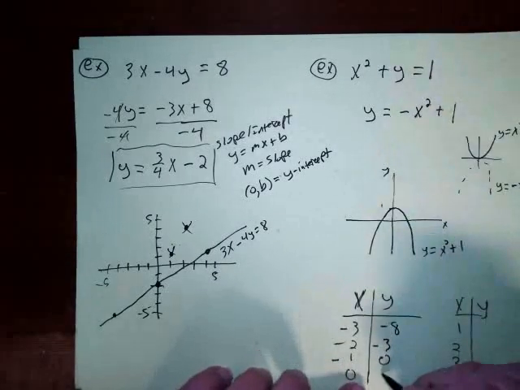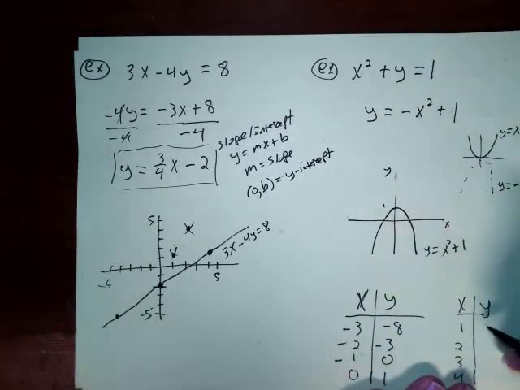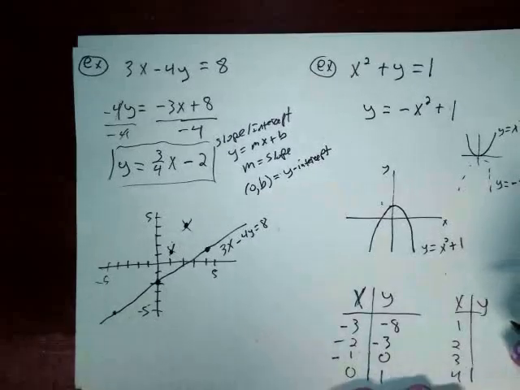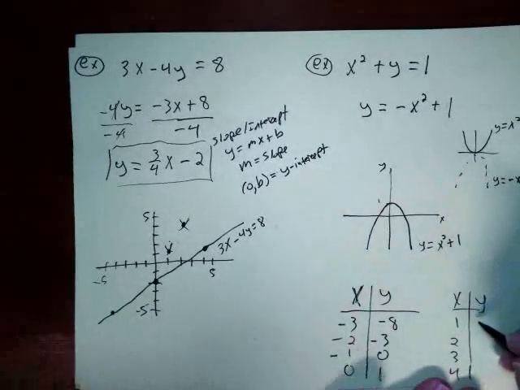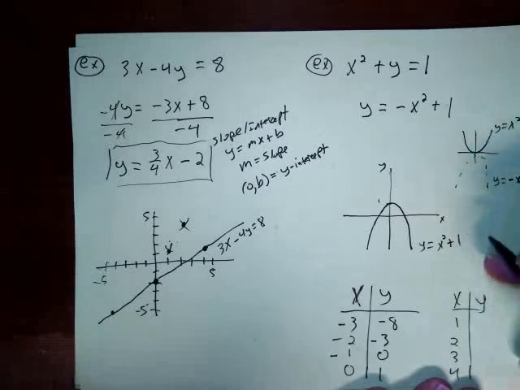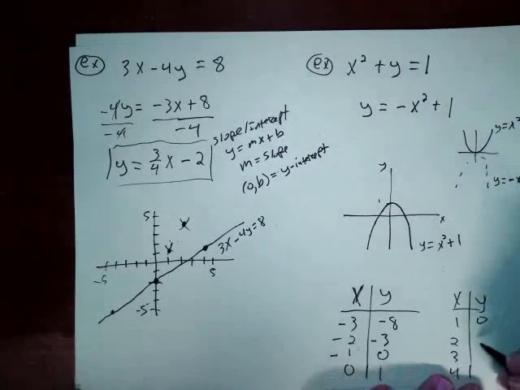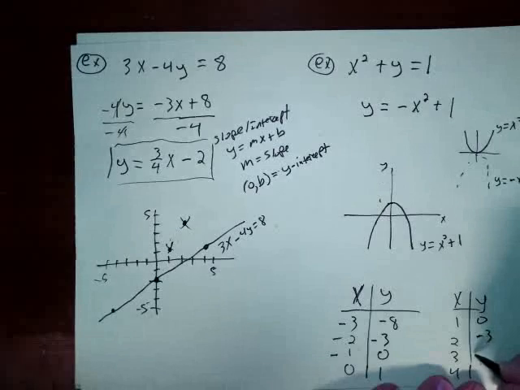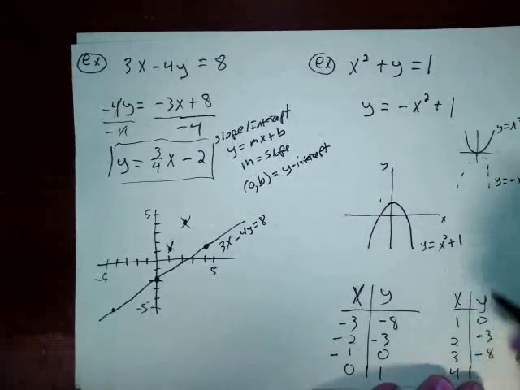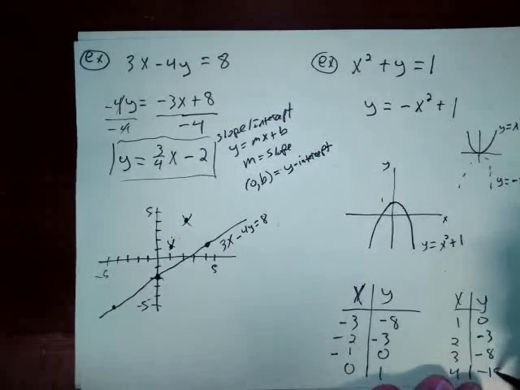Put in 0, I would get 1. Put in 1, I would get 0 again. If I put in 2, I would get negative 3 again. Put in 3, I would get negative 8. Put in 4, I would get negative 15, right?